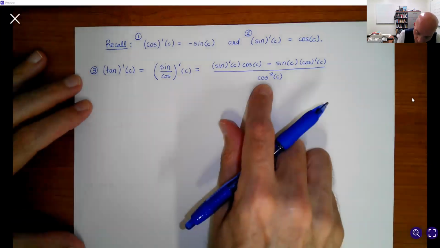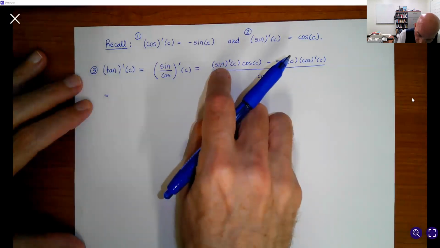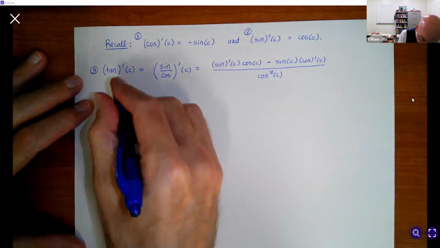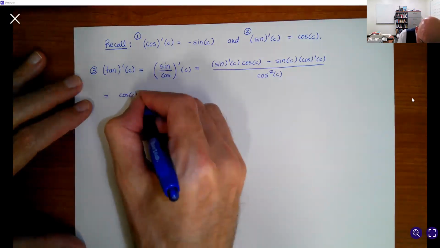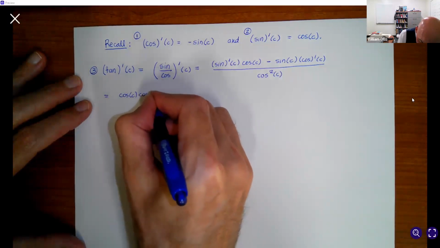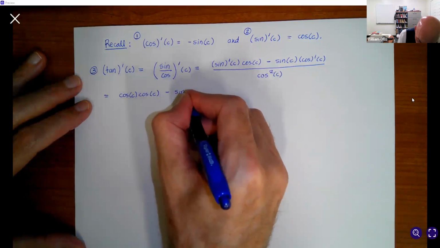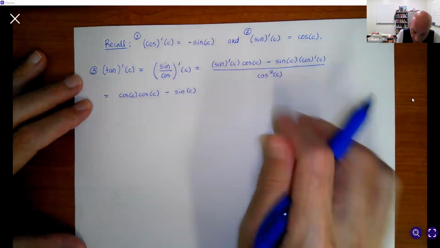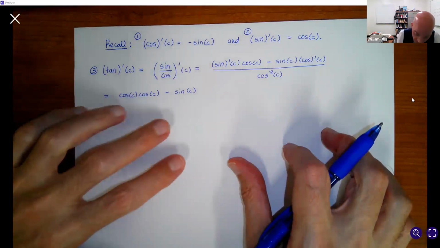And so now what we can do is fill in what we know here. The derivative of the sine is the cosine. So we have cosine of C times cosine of C, minus sine of C times the derivative of cosine, which is the additive inverse of sine.